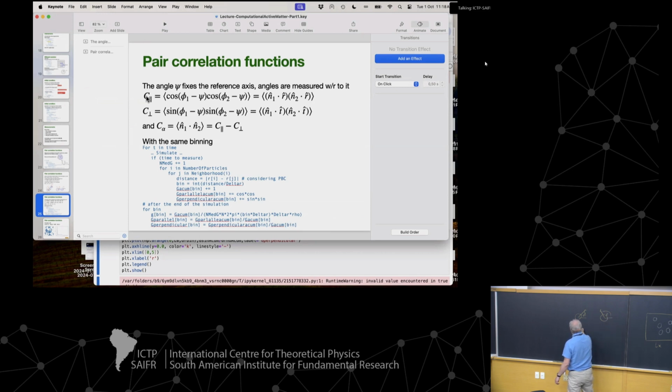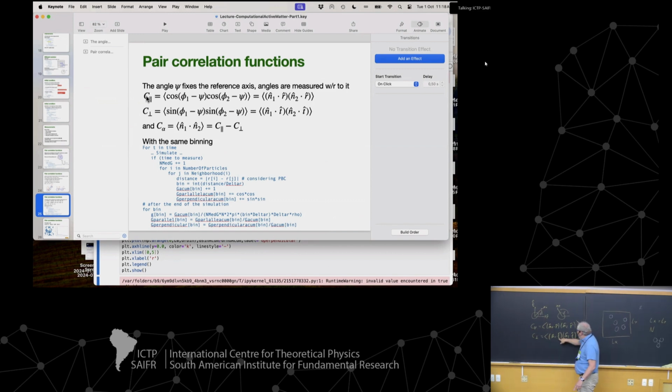And I have the correlation parallel, the average of n1 dot n2, as a function of r. And C perp is the same thing, but with the tangent vector T. Recall that T appears twice, so you can define T in this direction or T in the opposite direction. Nothing is going to change, so you can use any of them.